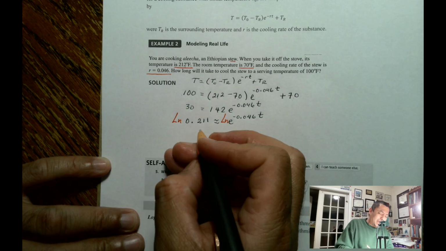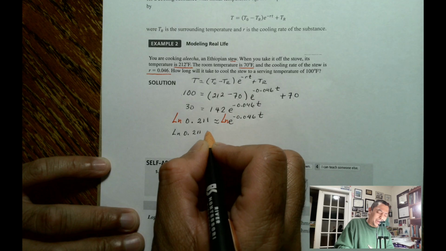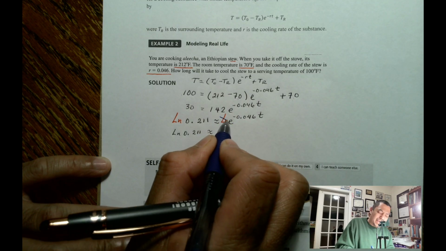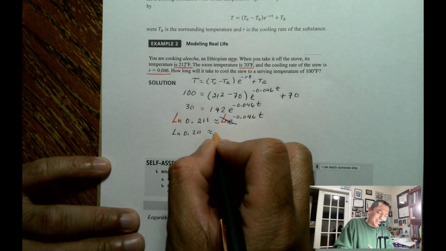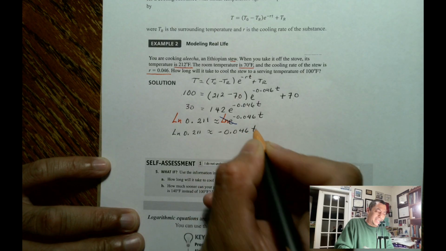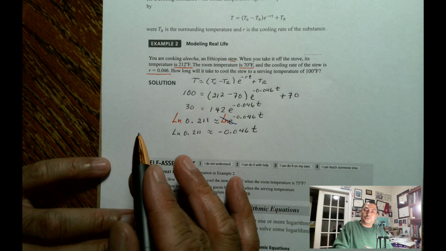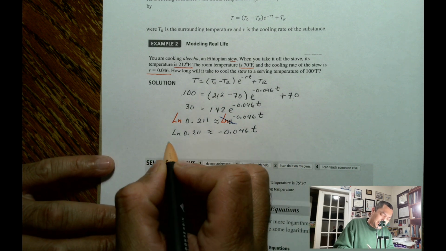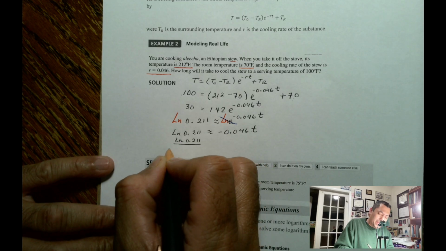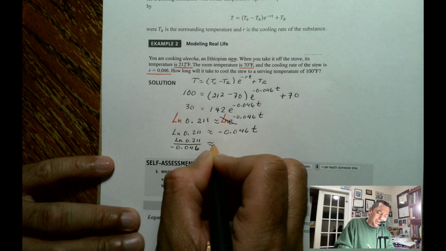So I have ln of 0.211 is approximately equal to, this will take away the e, and what I have left is negative 0.046t, and this negative number is multiplying, so you're going to divide the left side. So I have ln of 0.211 over negative 0.046 approximately equals t.